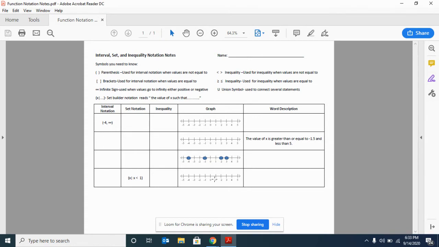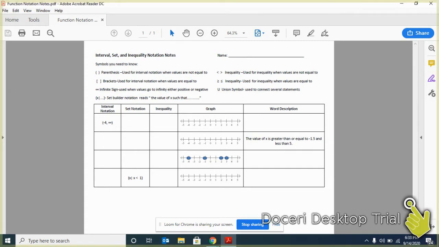I'm setting up my screen real fast. Again, this is not going to be a very long video. So the first one I'm going to do, I'm going to go through this, show you how to read it, write it, and then of course a word description. So the first one, there it is, what we have: -4 to infinity.